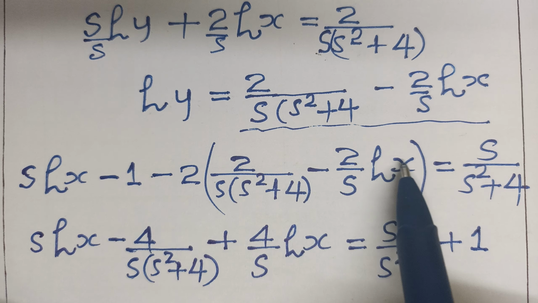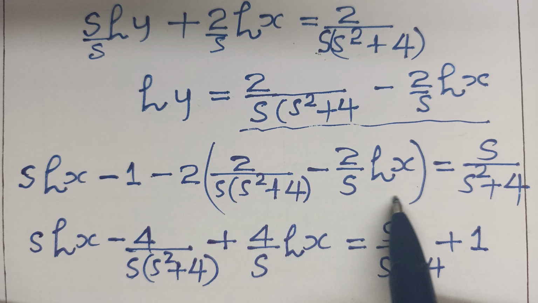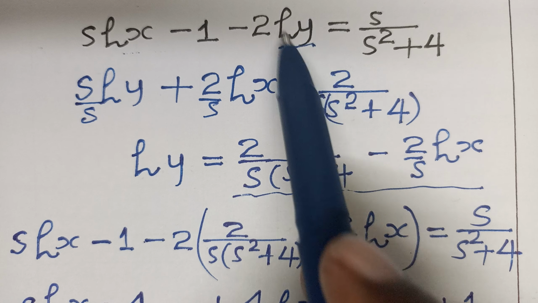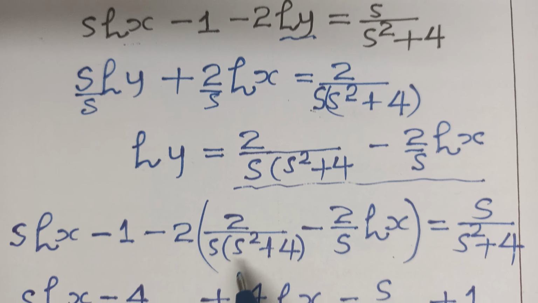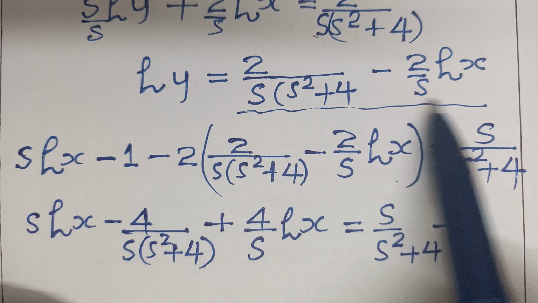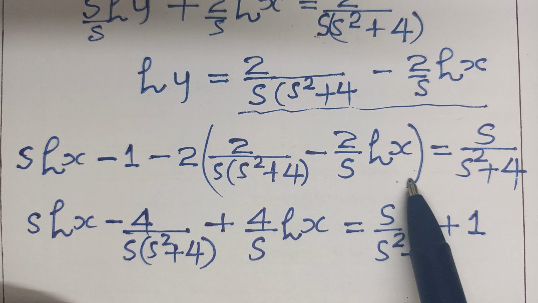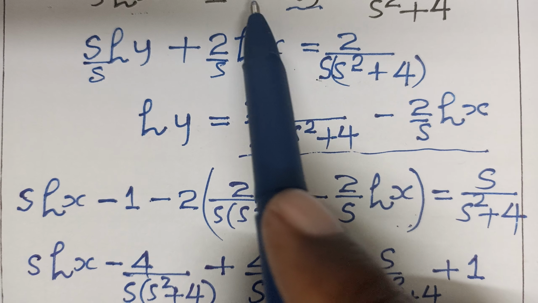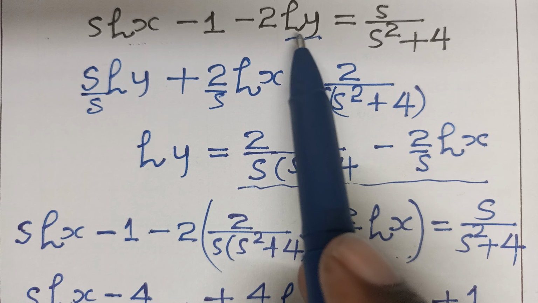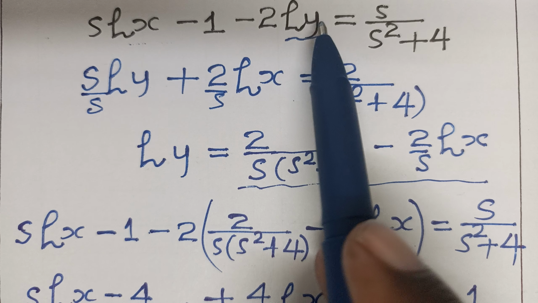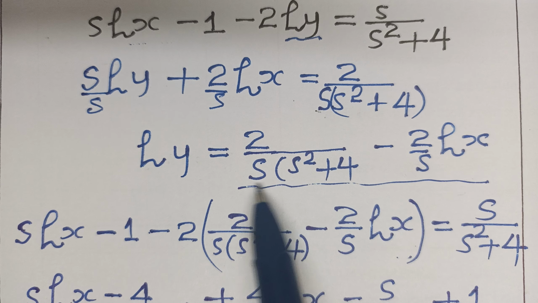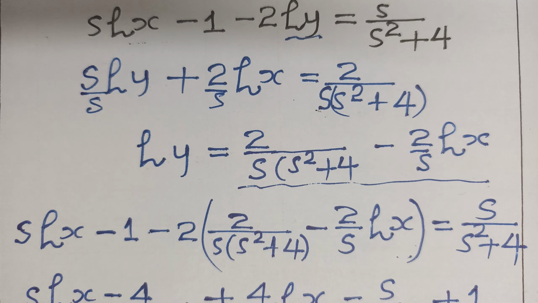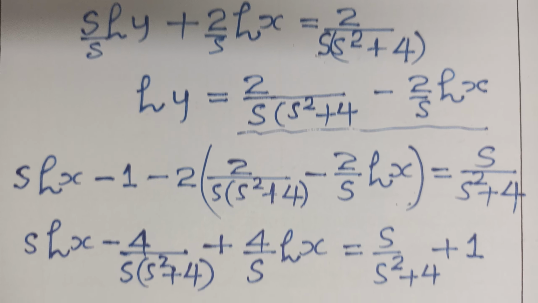After replacing my term in this equation, where you have negative 2 Laplace transform of y, this is now what I have replaced. It's actually a substitution method that we are using.